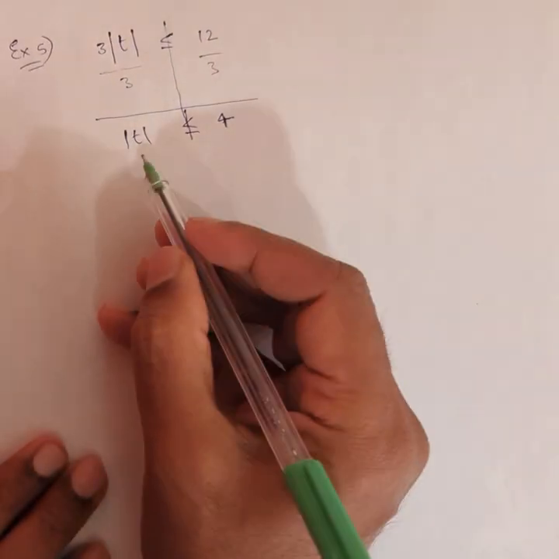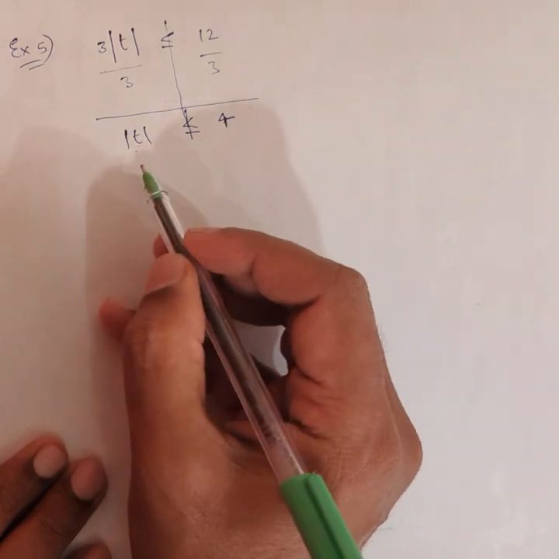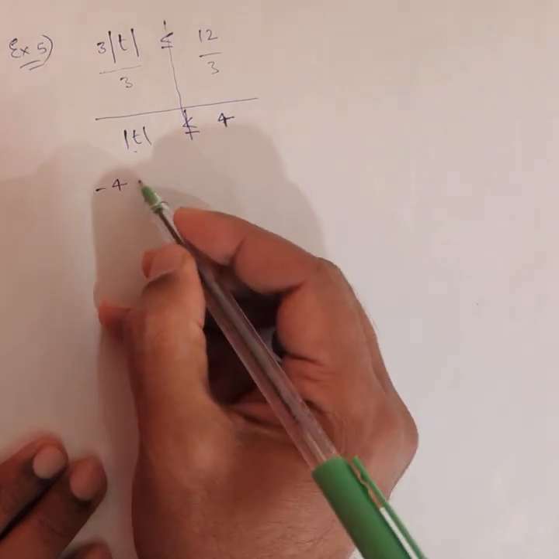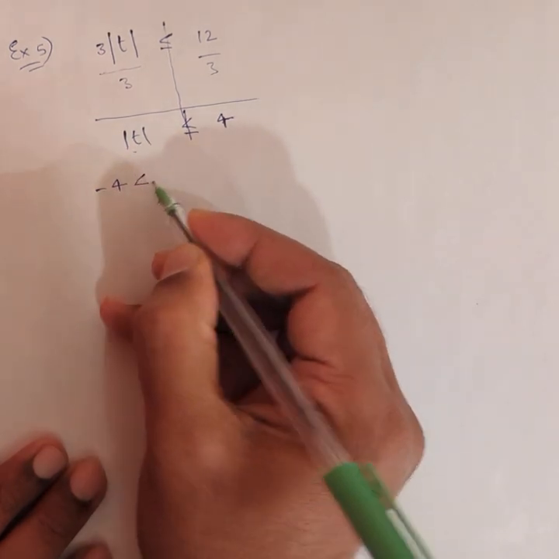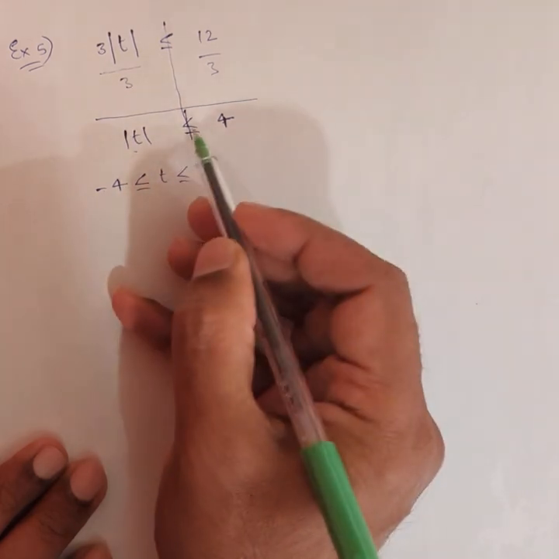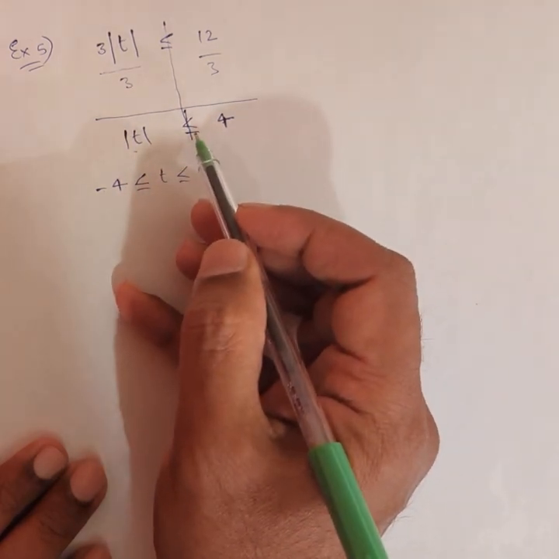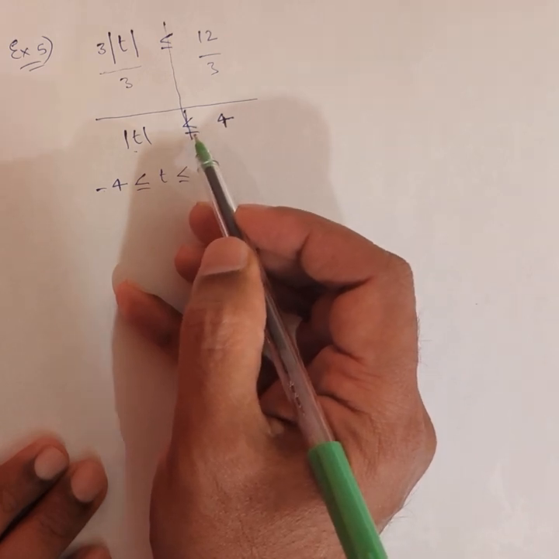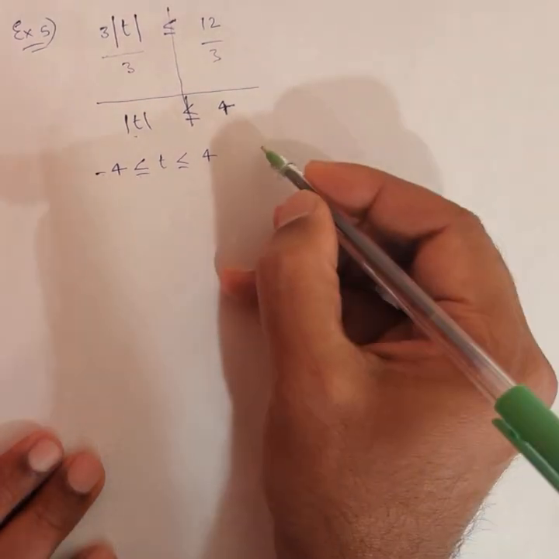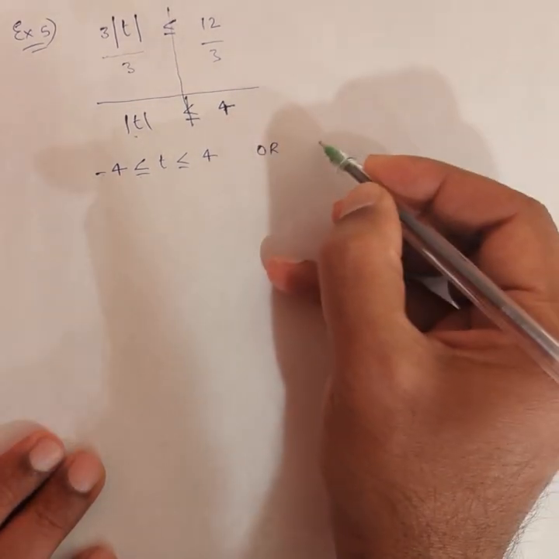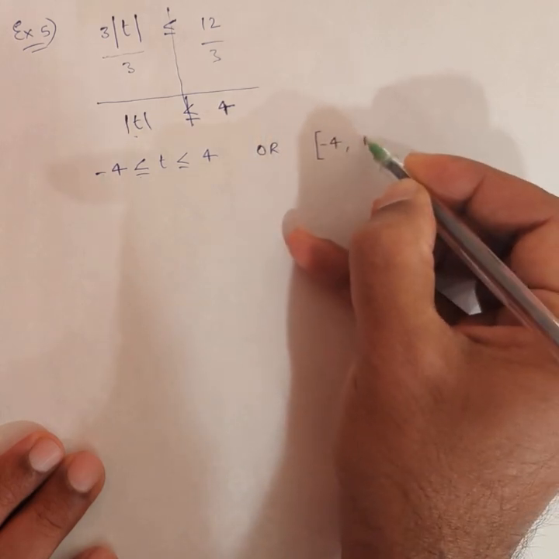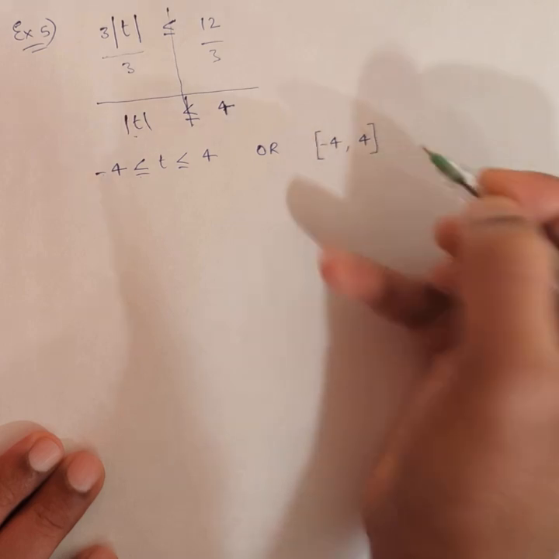So I have that. Now absolute value of t is by itself. So we are ready to write down our solution. Put t between negative 4 and positive 4. And be sure to use the same inequality that you are seeing in your original problem. If it is less than or equal to, you got to have less than or equal to here. So that's using inequalities. I also like to show you how to write it using interval notation.